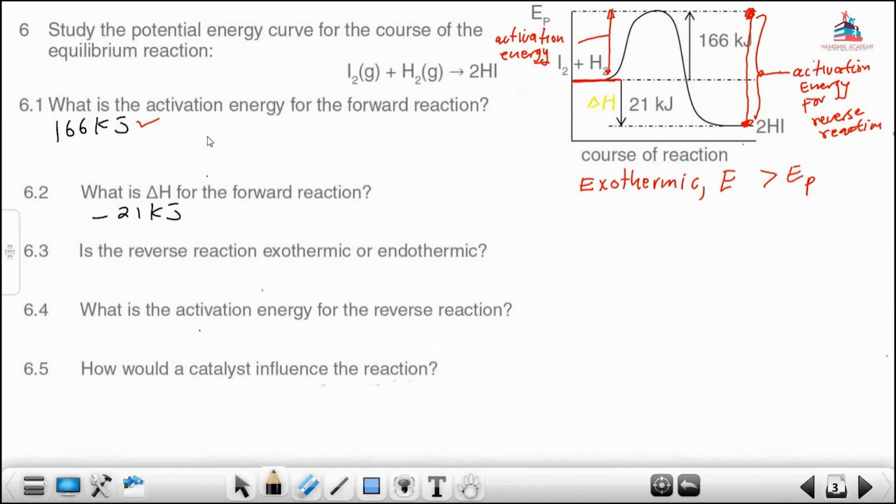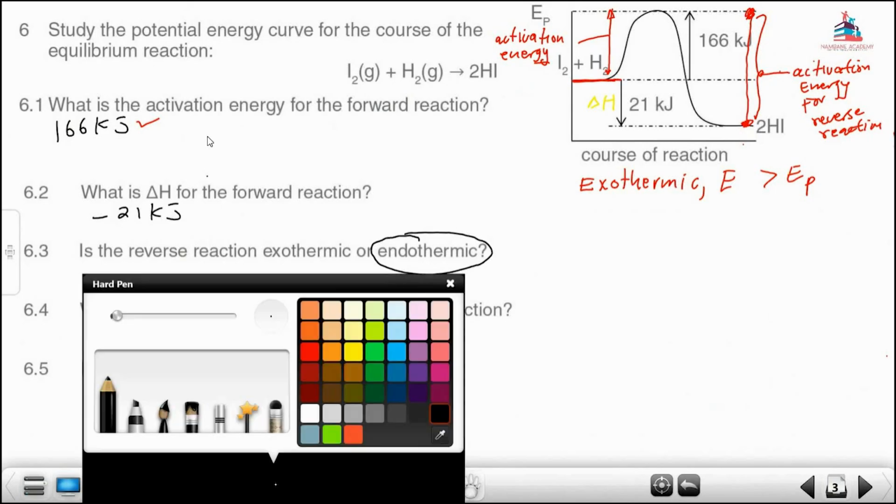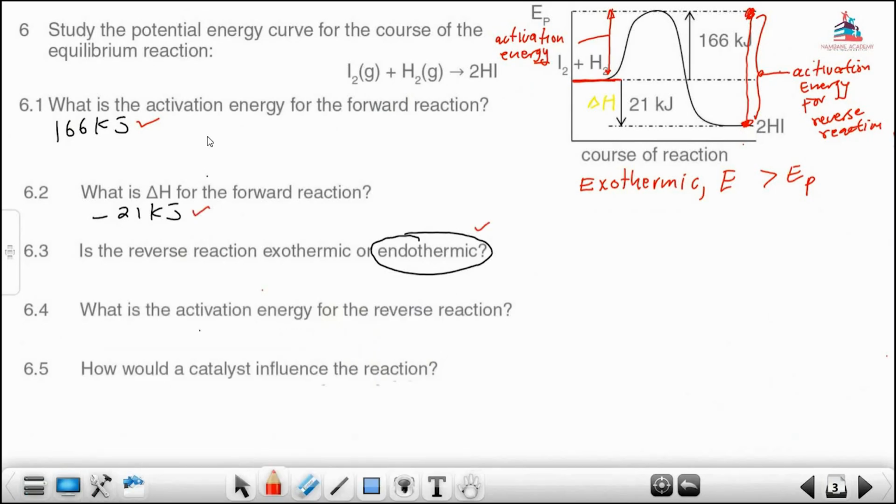The reverse is endothermic. 100%, it is endothermic, because we agreed that the graph we get is a graph of the forward reaction. So if the forward reaction is exothermic, the reverse reaction must be endothermic. So it's another mark there.